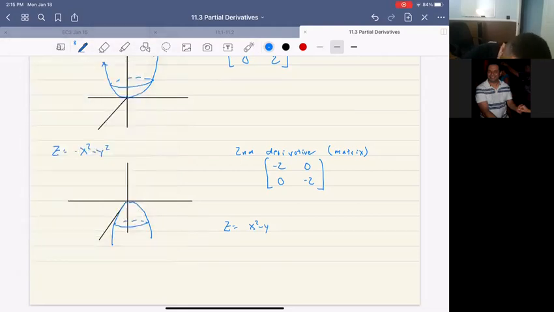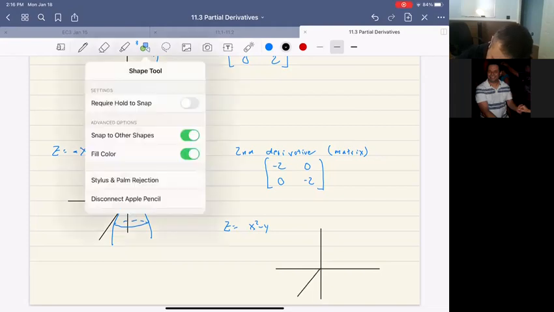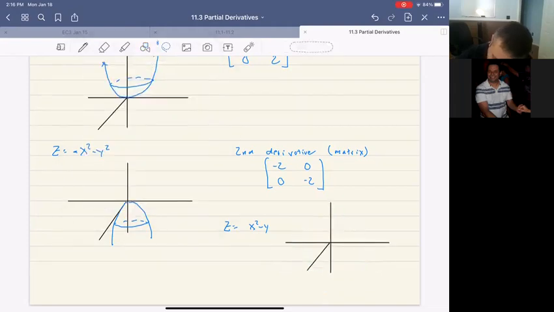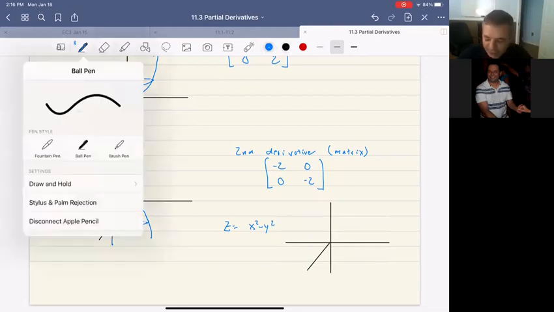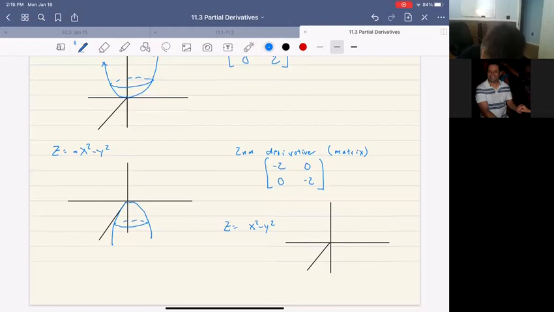Finally, we have z equals x squared minus y squared. That one is the hardest one to draw, actually. That one's going to be positive in x but negative in y.